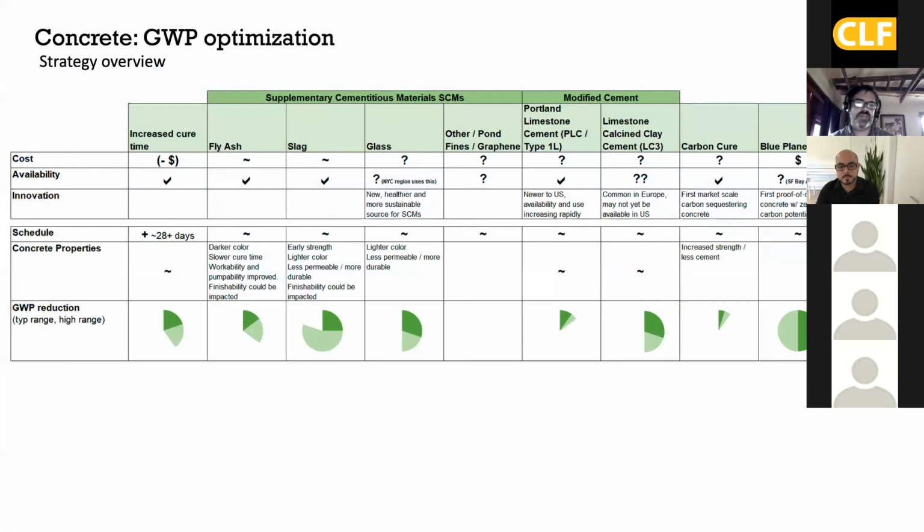As part of that, we surveyed all the available technology, and there's a lot out there. A lot of folks have heard about CarbonCure and Blue Planet. For all of these strategies below, these pie charts show in dark green what we've seen in terms of verifiable reductions, and in light green what conceivably is the upper limit.